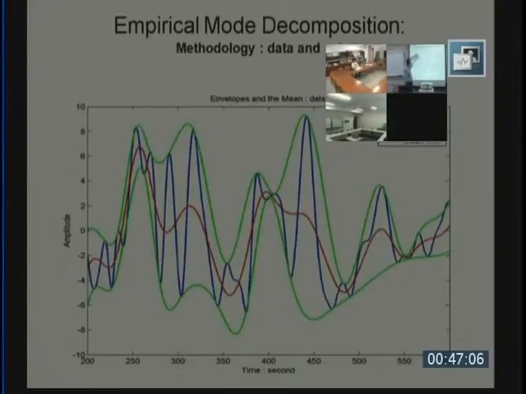So this upper and the lower cubic spline encompass most of the data. There are a few points, maybe not within this envelope, but very few points. You can see the upper envelope and lower envelope are totally independent. They have no relationship to each other. They're not symmetric. They go anywhere. However, if we define another line, this red line, the red line is defined by the mean of maximum and minimum.